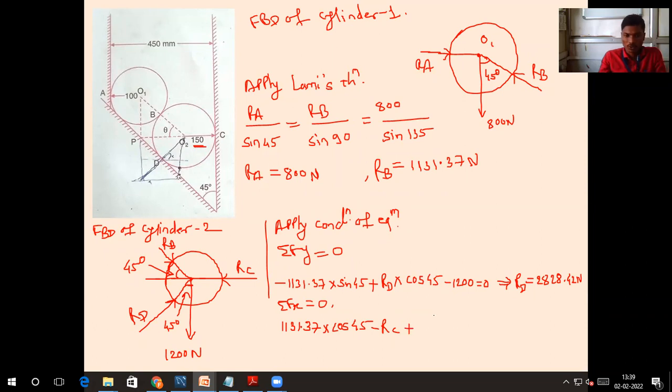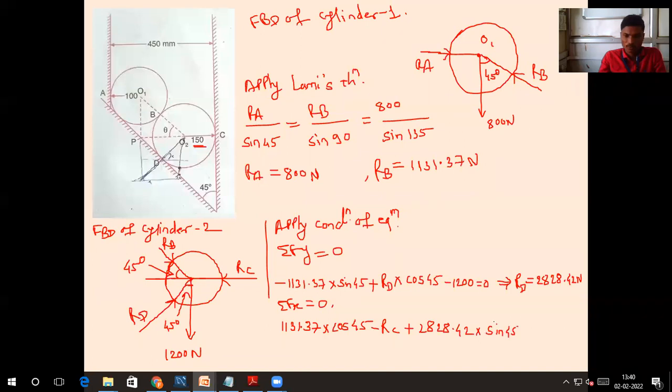But we have found RD. I will write that value here: 2828.42 into the angle made with the vertical, which is 45. So what will be its x component? Sine or cos do we have to take here? Sine. Yes, we have to take sine.